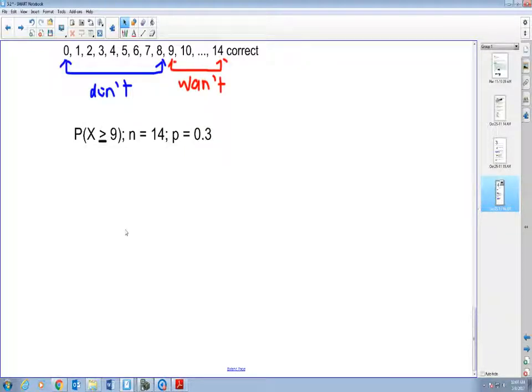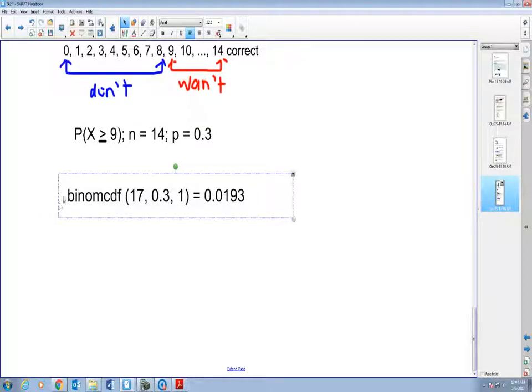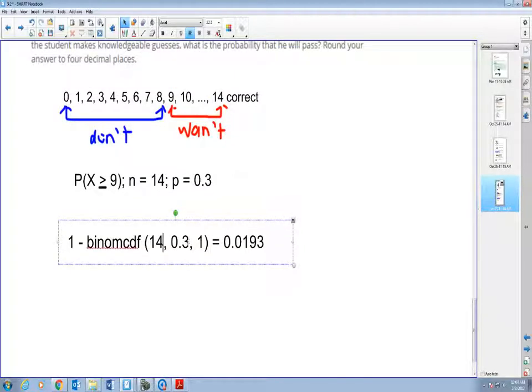Probability of guessing correct is 30%. So this is going to be the whole thing, which is 100%, minus binomial CDF. The number of samples is 14. Probability of guessing it right is 30%. 1 minus what I don't want, which is from 0 cumulative all the way up to 8.